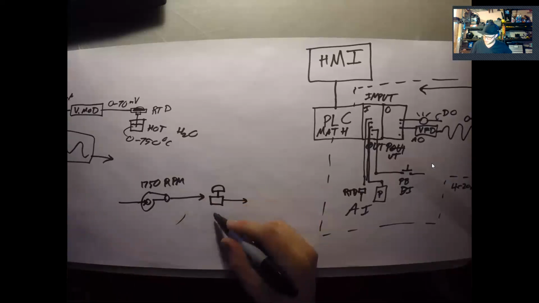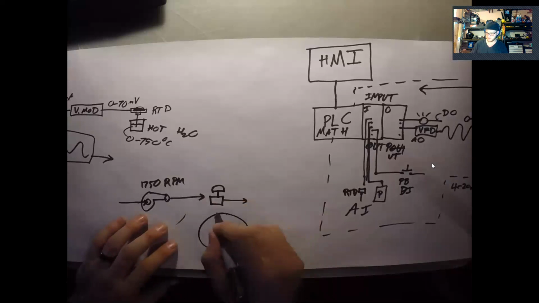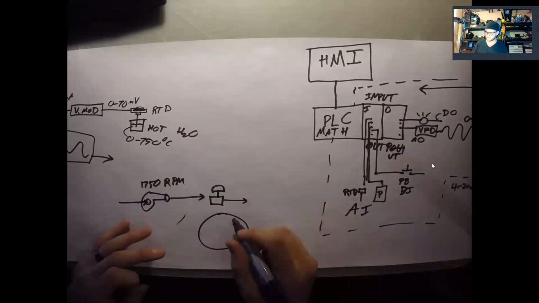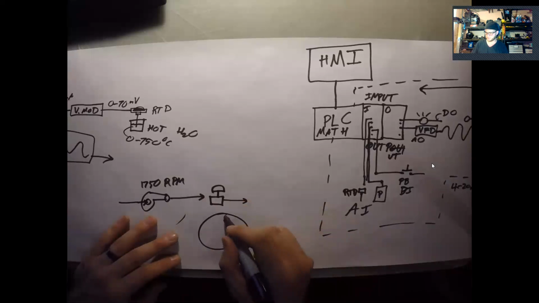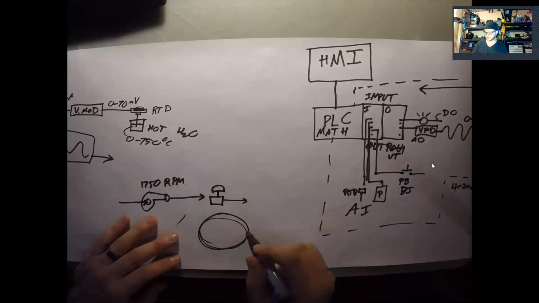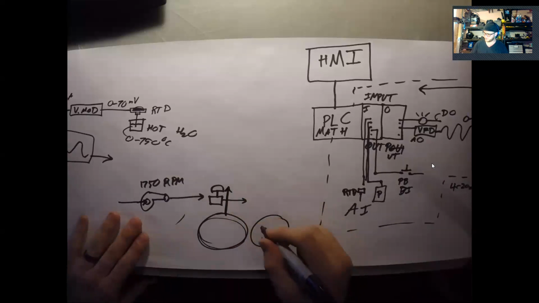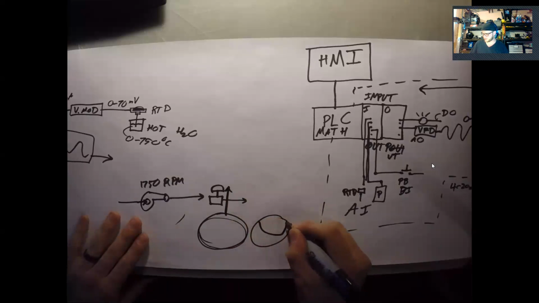And literally, if this circle represents your piping cross section, if it's what's called a gate valve, there's a circle that fills the pipe completely, and as you raise the valve stem up, it opens.